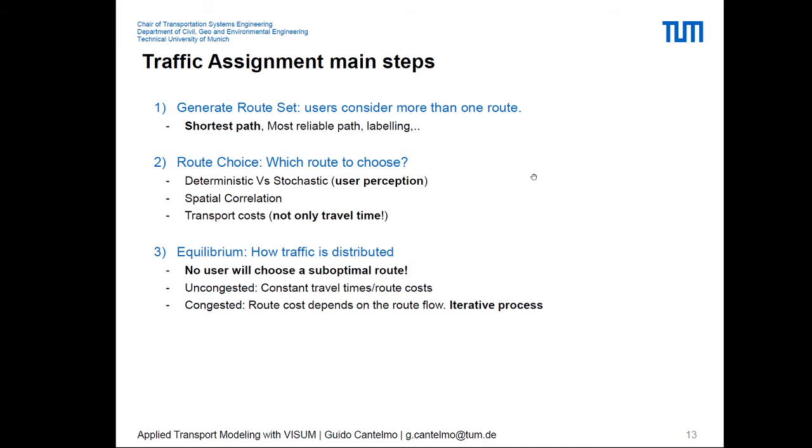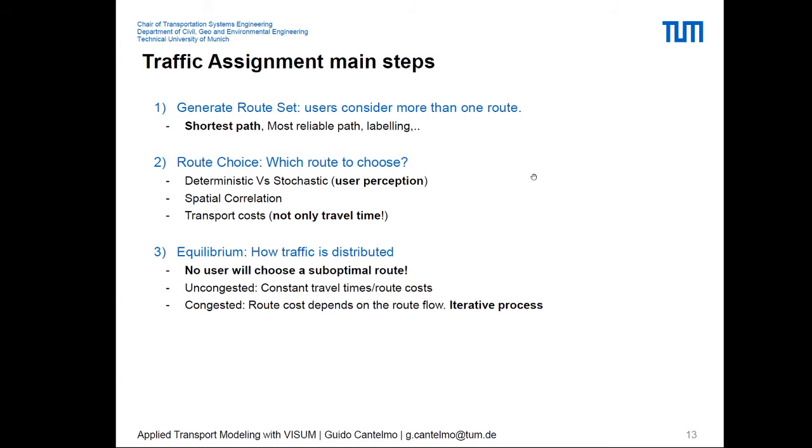Last but not least, you have the equilibrium concept. No user will choose a suboptimal route. All users will take the best one. So if we are talking about an uncongested scenario in which each driver doesn't really care about what the other users are doing, which means constant travel time on all routes, then each user will choose the shortest path.